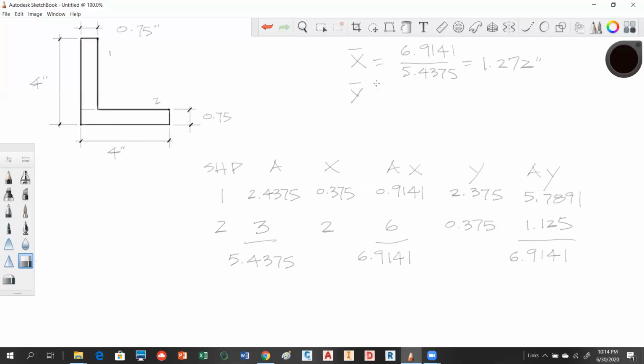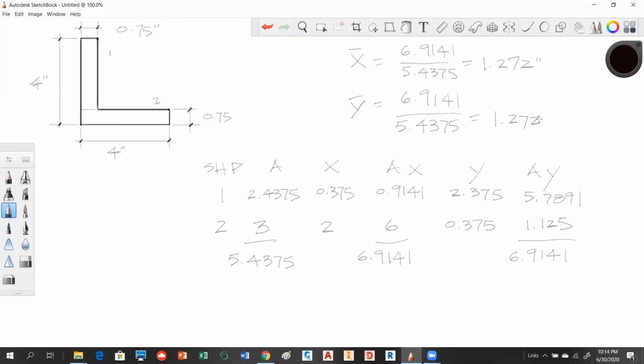Looks like I crowded this. Let me delete this. We'll drop that down. But you can see that we're also going to have 6.9141 divided by my 5.4375 gives me 1.272.